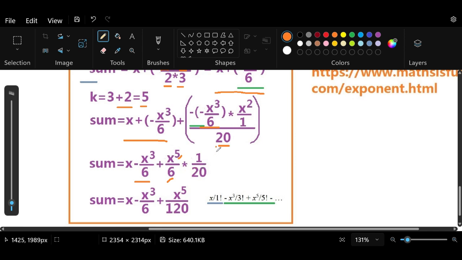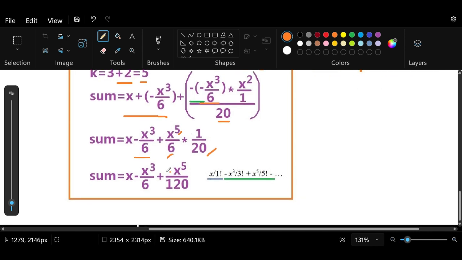And then this whole thing, we need to divide it by 20. That's why we can get this. And then at the end, what we'll get would be, multiply these two, okay, x to the fifth, and then 6 times 20 gives us 120.